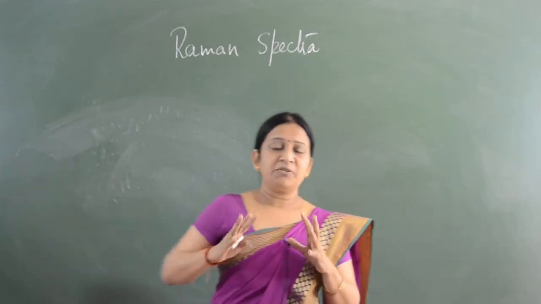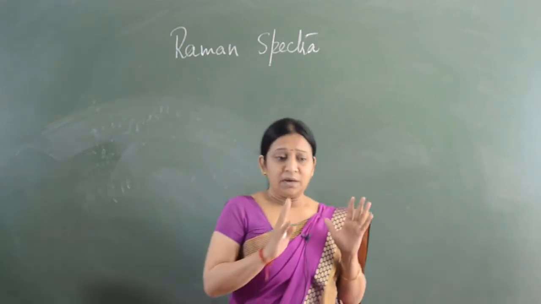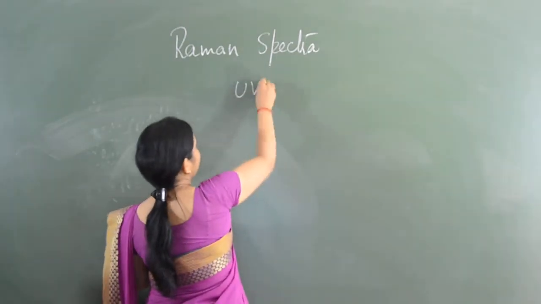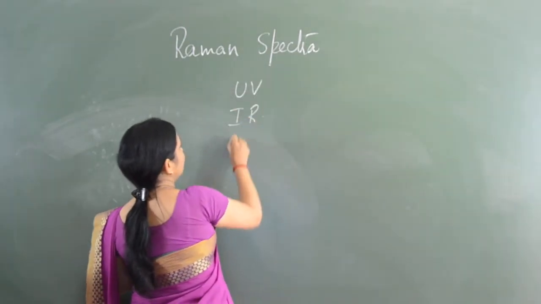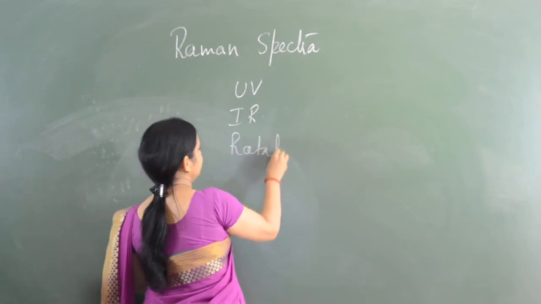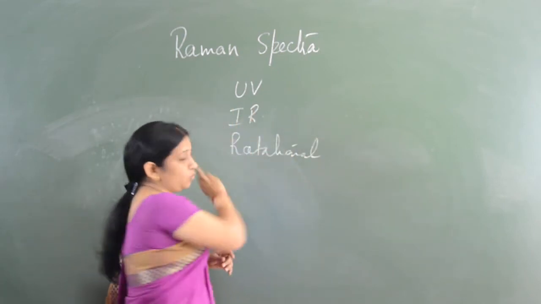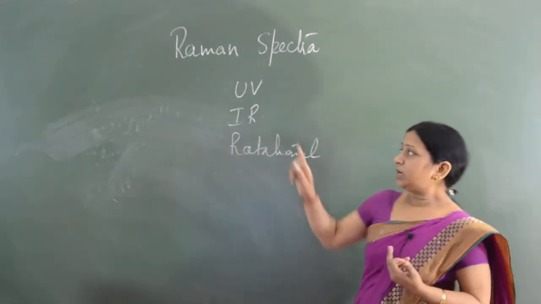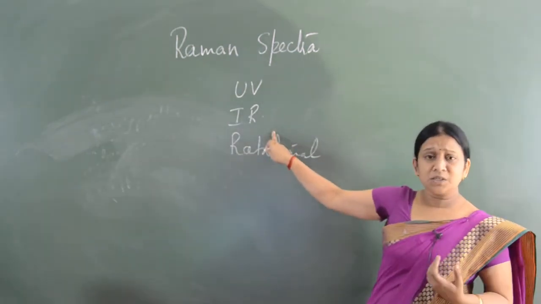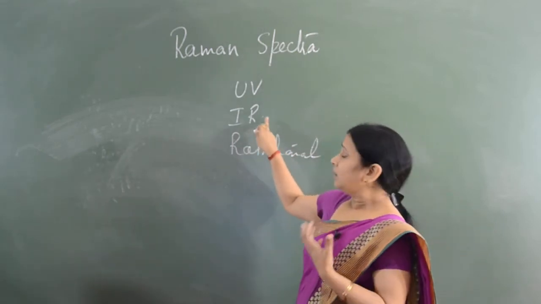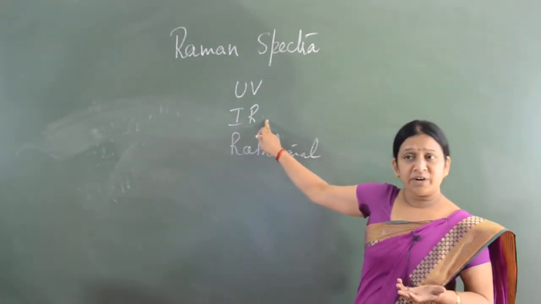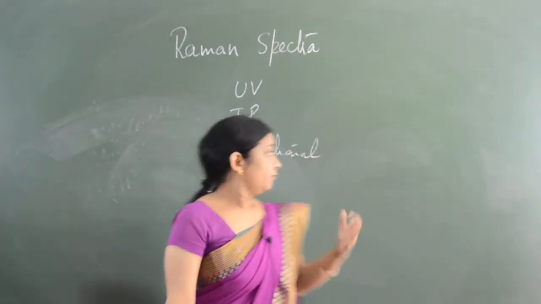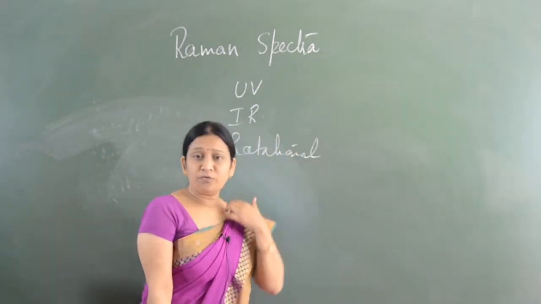Now, Raman spectra is different from the other spectra which we have discussed. In case of UV spectra, we were dealing with absorption of ultraviolet radiations. In case of IR spectra, we dealt with absorption of infrared radiation. In case of rotational spectra, we dealt with absorption of microwave radiation.